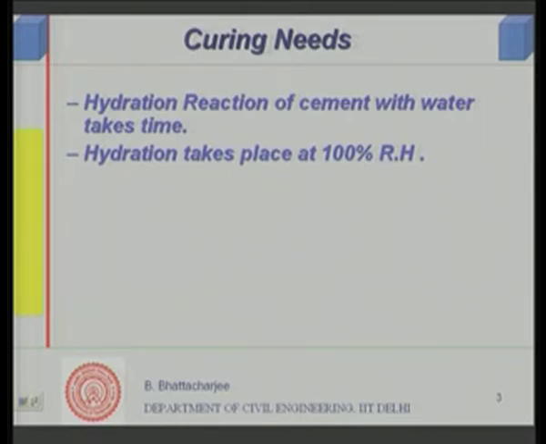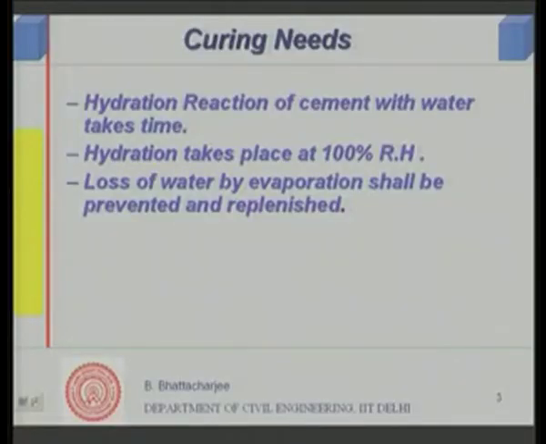Now, this reaction, since it is a reaction with water, can take place only in the presence of moisture, that is vapor. In other words, 100% relative humidity in the pores of the cement paste system is required for this reaction to continue. So, hydration takes place only at 100% relative humidity. Now, when you mix water with the cement, since the reaction is not instantaneous, only a part of this water reacts, the rest remains there.